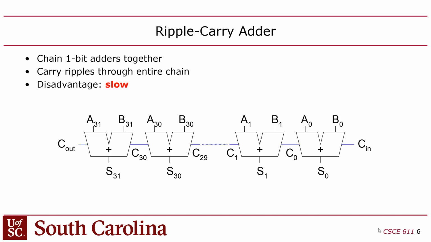So bit 0 of A and bit 0 of B get fed into the first adder, then bit 1 of A and bit 1 of B get fed into the second adder, and then the carry out of the rightmost adder is connected to the carry in of the second to rightmost adder, right, and so on. So you create this chain.